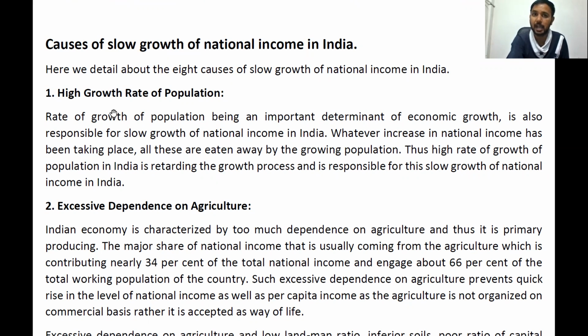In India there is a high rate of population growth, because when the rate of population is high, there will be a low per capita income. When the population is less, we will get more per capita income, but when we need to divide by a large population, we will get a low per capita income. So guys, this is the ultimate cause behind the slow growth rate of national income in India.